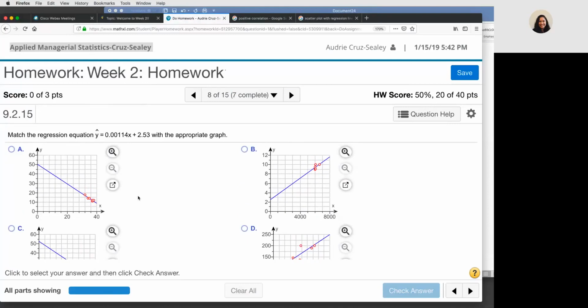I agree. A is not the answer. Why is that, though? Because it's not positive? Very good. You're right, because it's not positive. This is a negative slope. It's going down as your x value gets bigger. So as your x value gets bigger, this shape is going down. So the answer cannot be A.